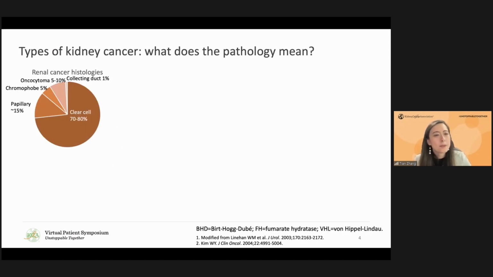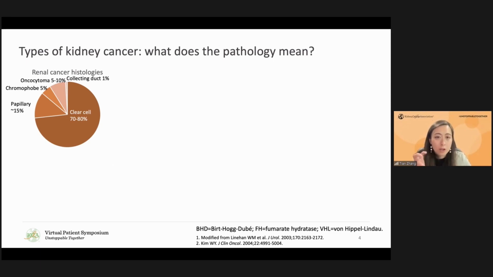So you're facing the new diagnosis of kidney cancer, and most often we're wondering what the pathology is like and what exactly is in the kidney cancer. Of all the kidney cancers diagnosed worldwide, the majority is clear cell kidney cancer, comprising 70 to 80%.